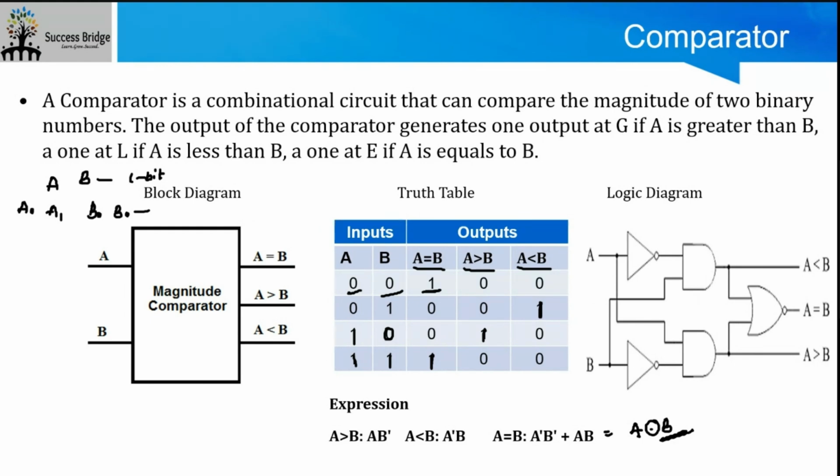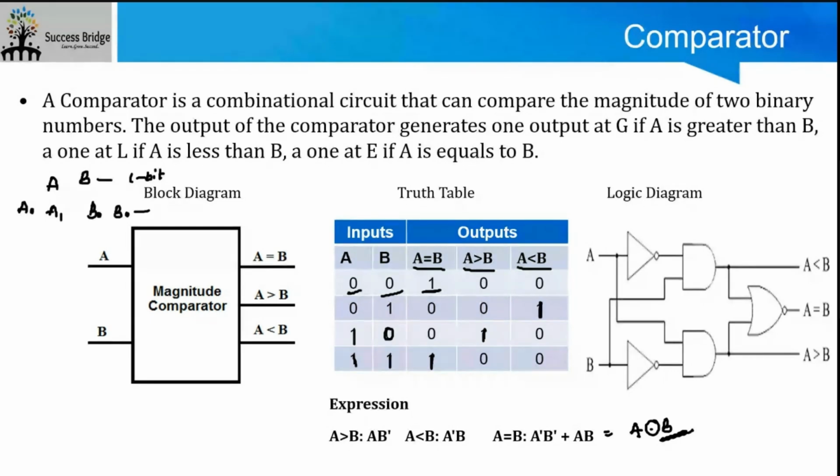So this is a comparator. So you can compare with either A is equal to B, A greater than B, A less than B. You can compare A and B values given to this particular comparator. So as per the truth table, when both inputs are low, the output is high.